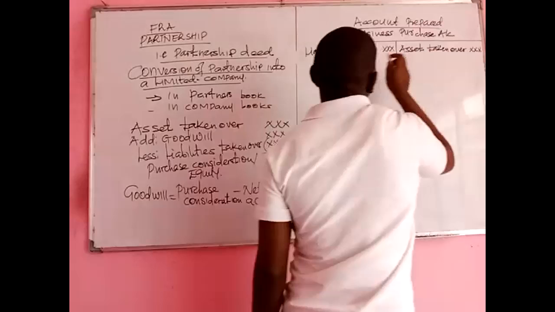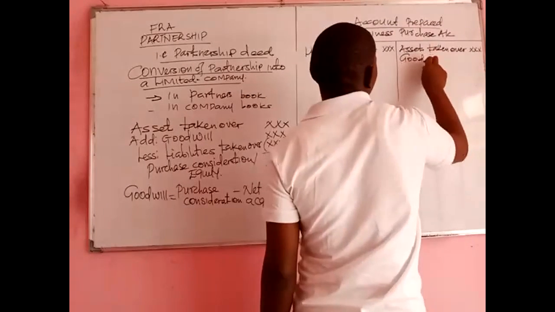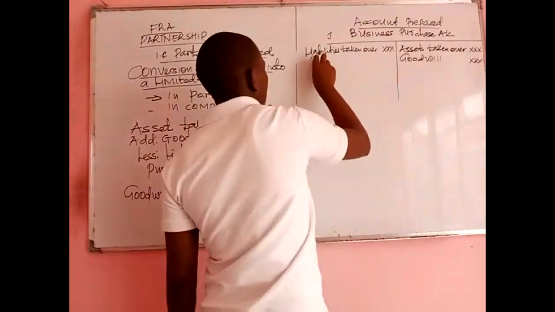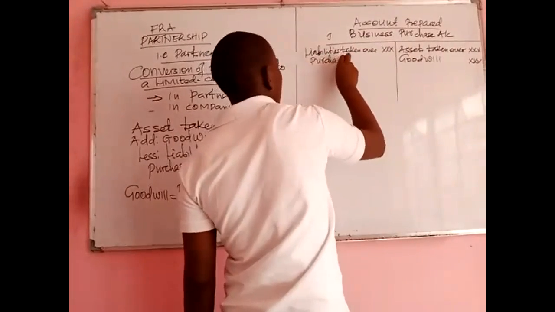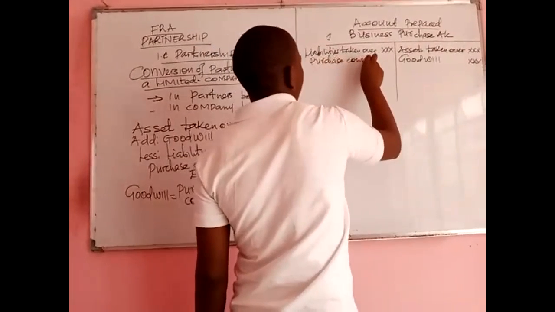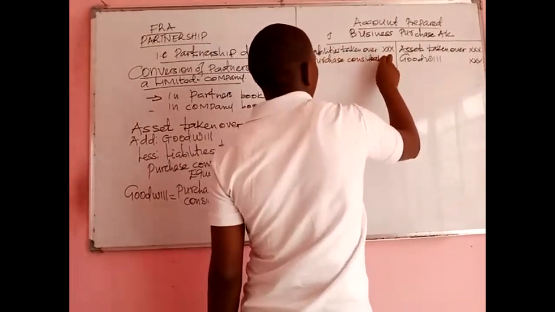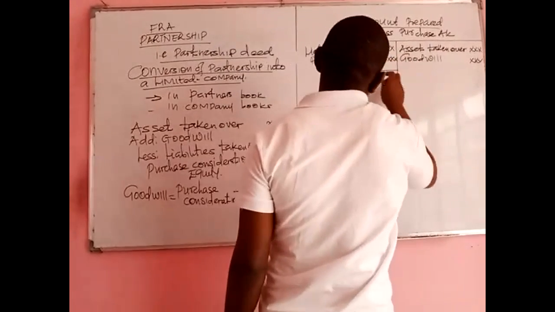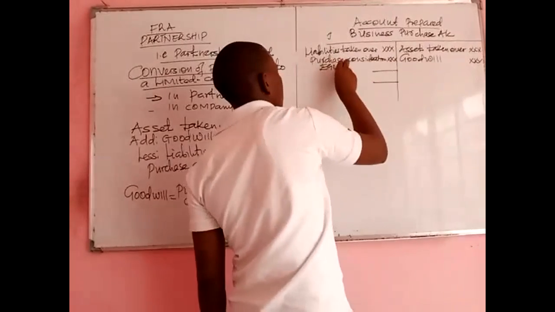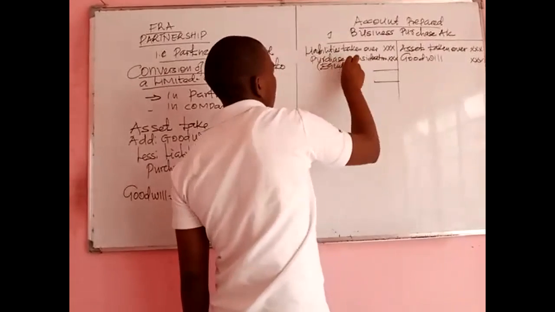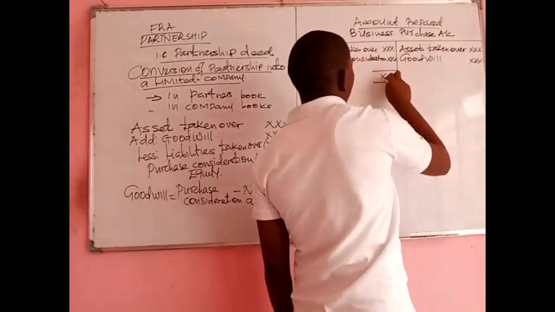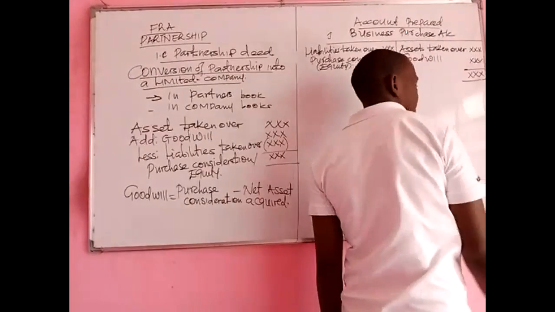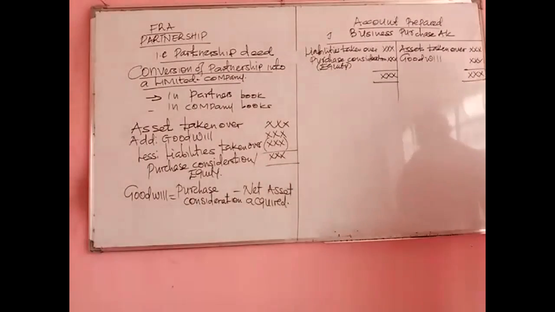Then we add the goodwill. And then here we also have the purchase consideration. And at the end of it, the business purchase account, in this case, should balance. It should balance.